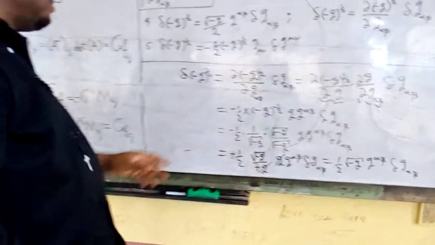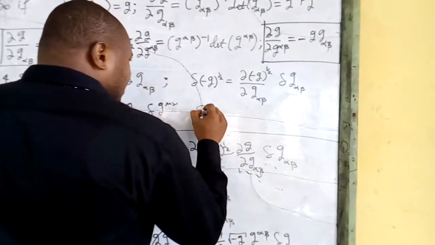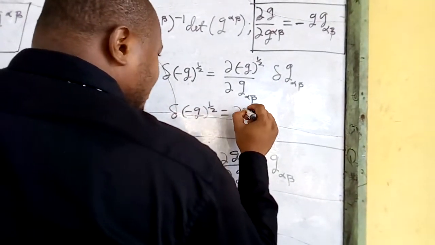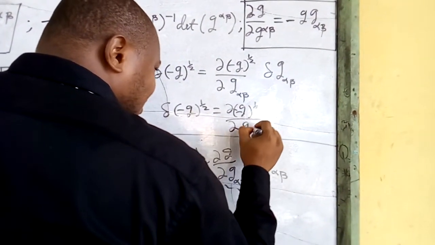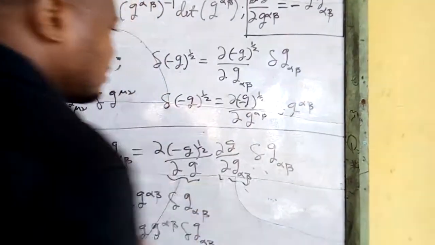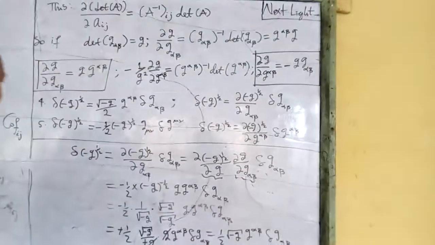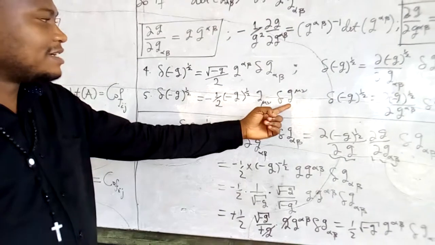Of course, the same could be performed for this case, in which case we will have to perform such a variation as this, minus g raised to power half. But then in this case, we are going to say minus g half, but the g alpha beta on top, and then the variation will be that of g alpha beta. In a very simple step, and with the help of this formula, we could at the same time show that the variation of minus g could also be written as this.